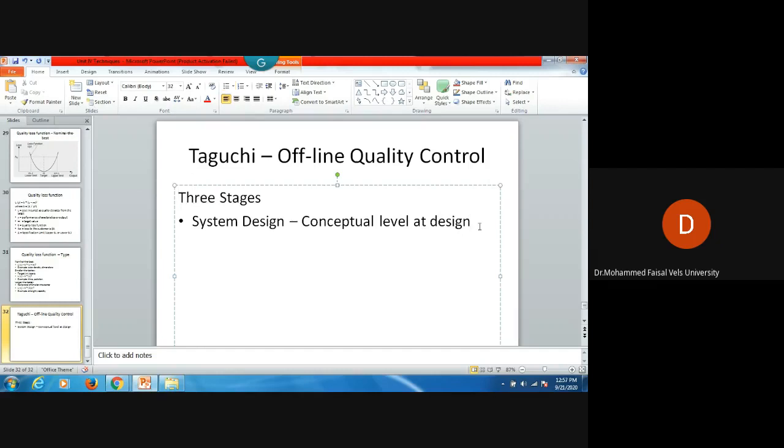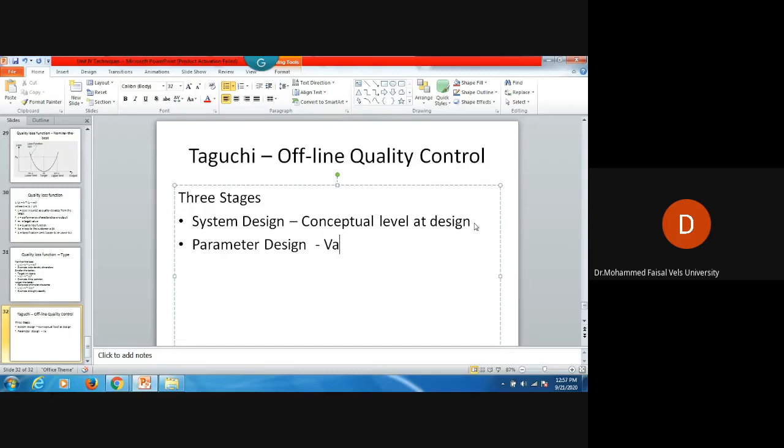Then we talk about the parameter design. Once we have developed the concept, then we have to find the various dimensional design parameters.